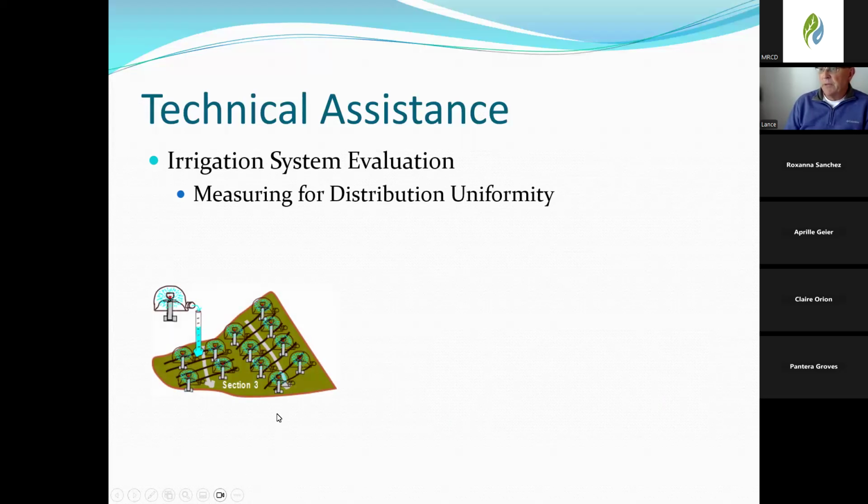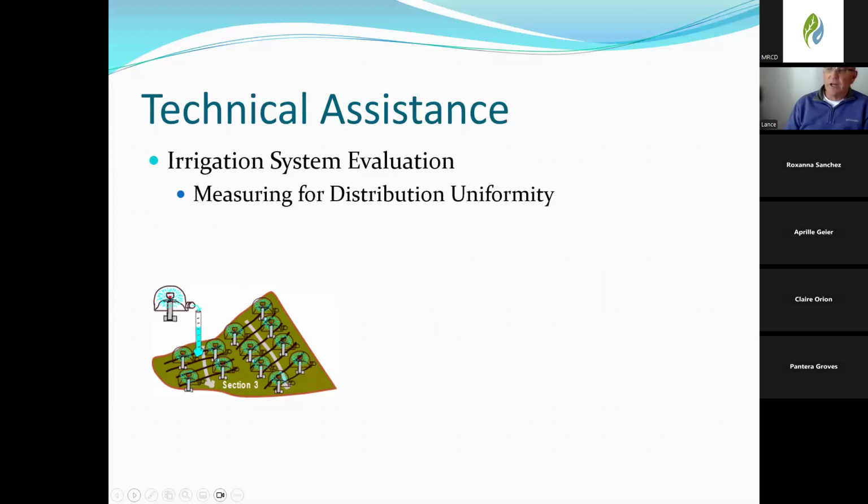So we measure in sections. We usually take about 20 water flow measurements in an irrigation block to determine the average flow.